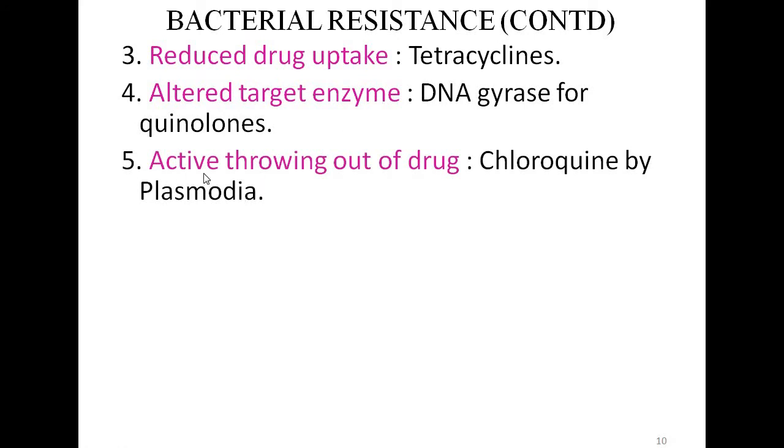A fifth mechanism by which bacteria or parasites, protozoa become resistant is once the drug enters the microorganism, it actively throws out the drug. Example, in chloroquine resistant plasmodia, that is the parasite which causes malaria.